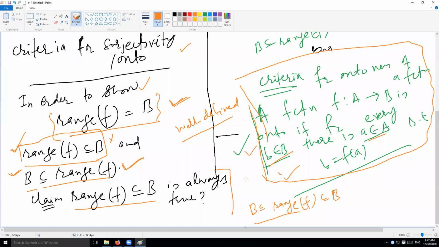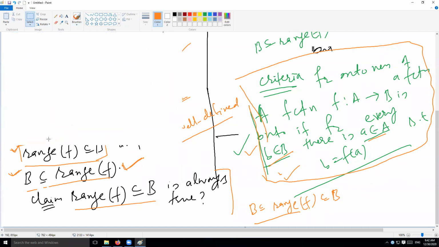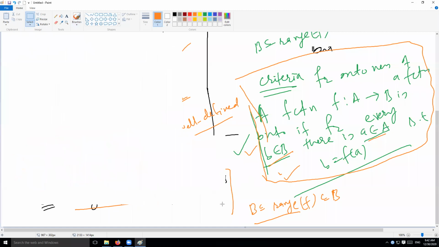देखें, let me say it again. There is only one definition of onto-ness, that range should be equal to codomain. If you want to prove that the range of a function is equal to codomain, you have to show that the range is a subset of B, and you have to show that B is a subset of range of f.